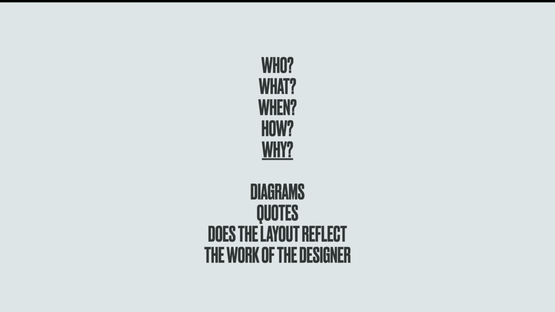Is it digital? Is it darkroom? Sometimes we deal with cameraless photography. And then, why has this artist done this work? That's the biggest question, why? So use diagrams, use quotes, and if possible, try and reflect their ideas within the layout.